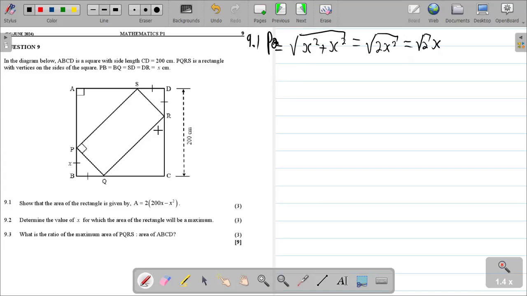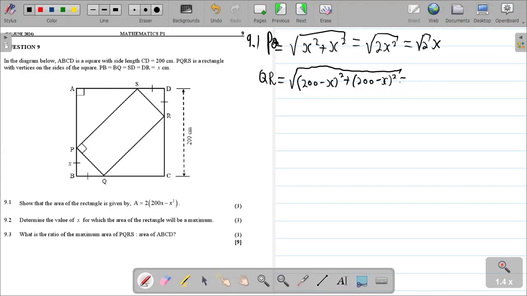And then we have to find QR. So QR, what's going to happen? We have to say RC and QC. So QR is going to be the square root of (200 minus x) squared plus (200 minus x) squared.